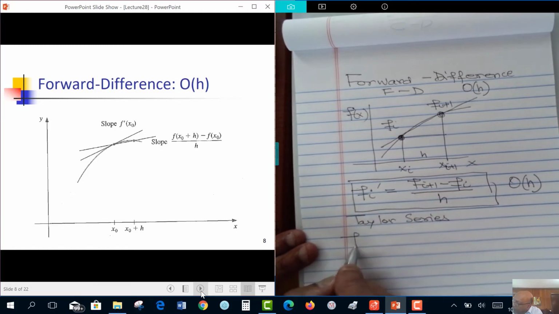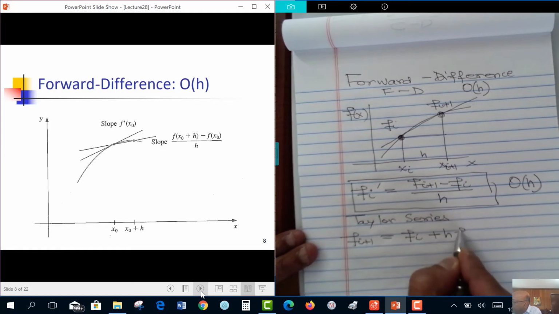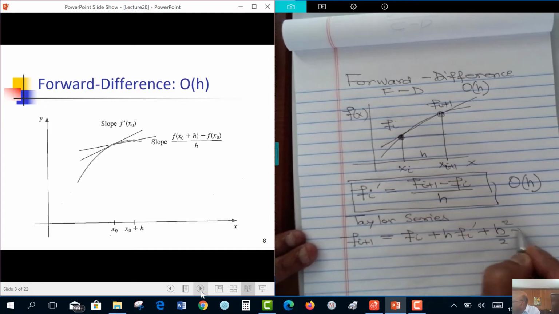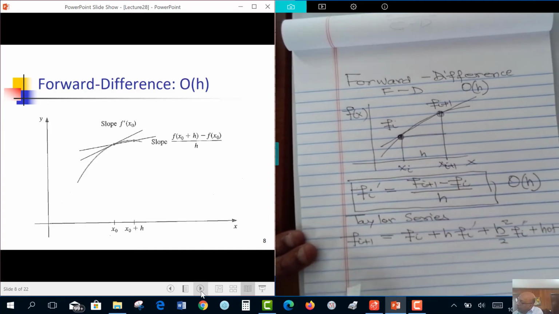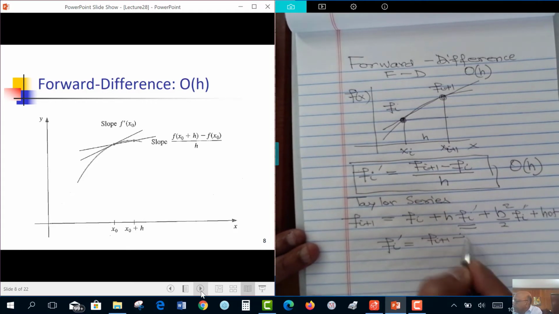So if we write f_{i+1} is f_i plus h f_i prime plus h squared by 2 f_i double prime plus higher order terms, which we are going to neglect, then we write f_i prime as f_{i+1} minus f_i over h.